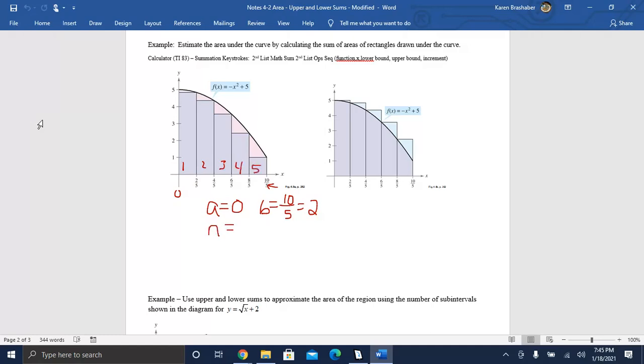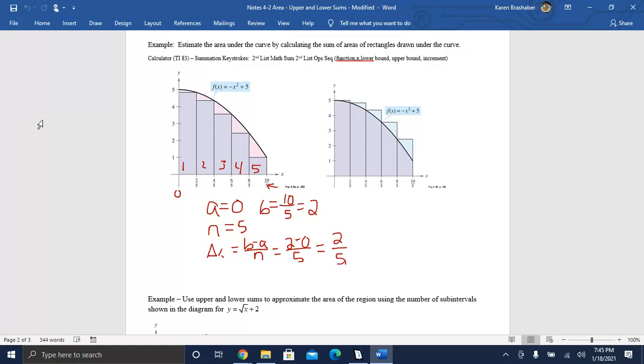So our n is 5, n being the number of rectangles. And our delta x then is, from our formula, b minus a over n. So that would be 2 minus 0 over 5, which is just 2/5.